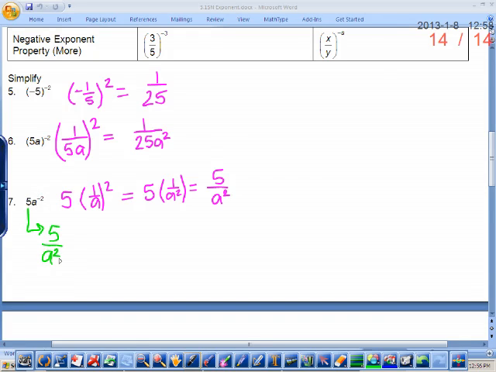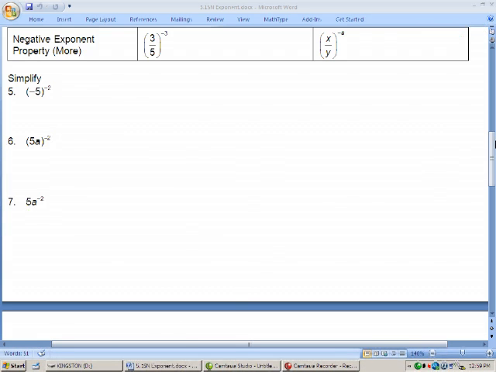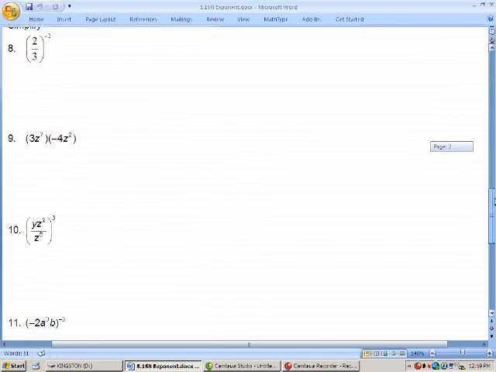Gets you to the same place, right? You're going to have to remember that rule because a simplified expression will never, ever, ever have a negative exponent. Have to move it up or down, okay? All right, let's flip to that. Go ahead and try 8 and 9 for me, please.